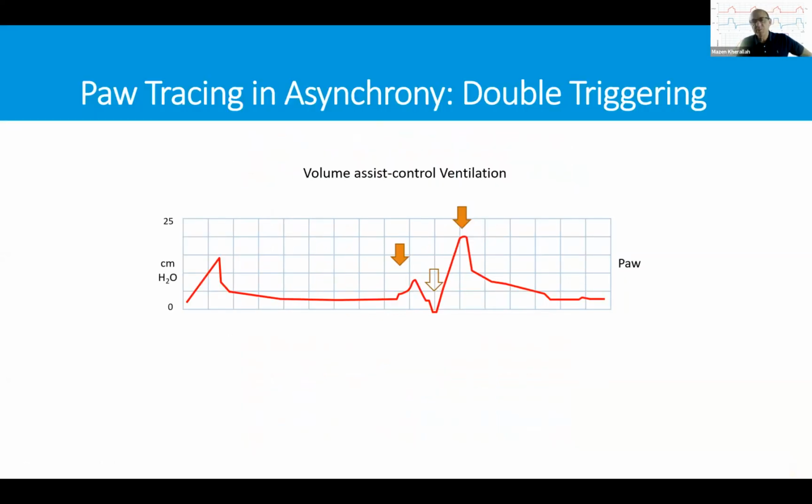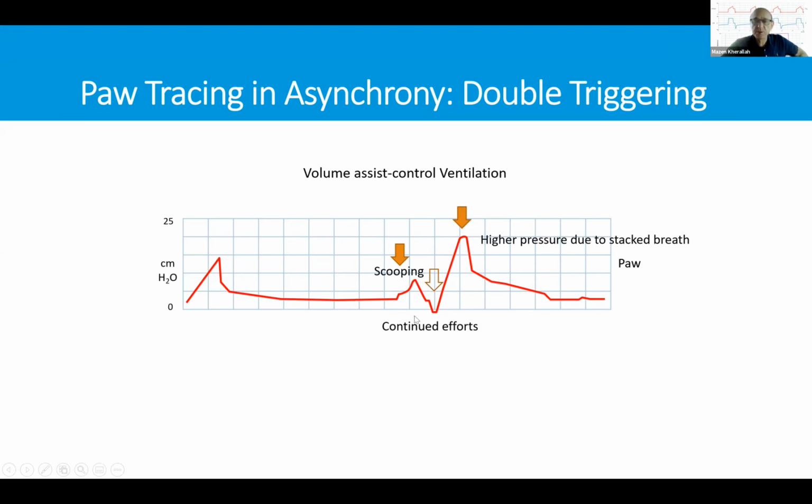You can also determine double triggering. If you see the graphic here, you will see the initial breath with scooping of the pressure. This indicates that the patient is breathing at the same time, and the patient continued to breathe despite the fact that the ventilator cycled into expiration. So this is the expiratory phase of the ventilator.